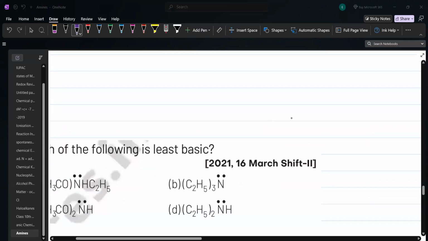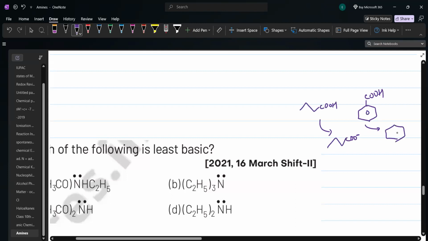Like we have this COOH. Okay, we have this COOH. So what happens when we remove H? Then this will form, yes or no?